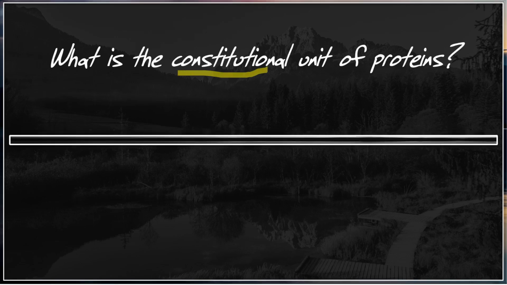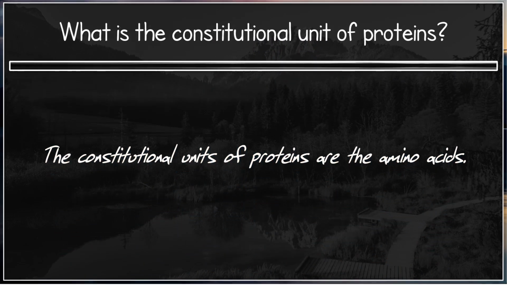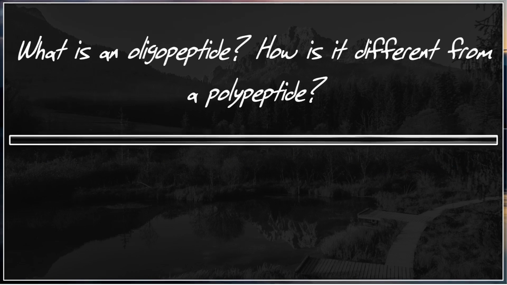What is the constitutional unit of proteins? The constitutional unit of proteins are the amino acids. What is an oligopeptide? How is it different from a polypeptide?